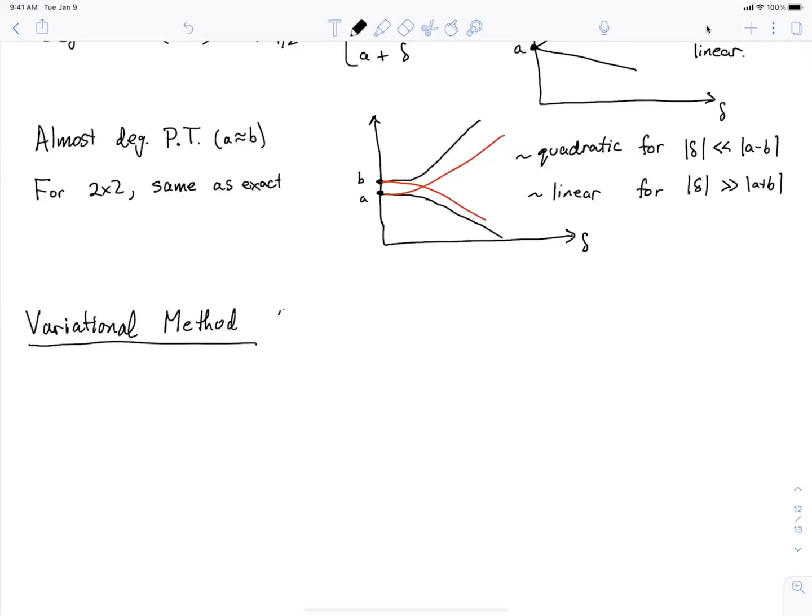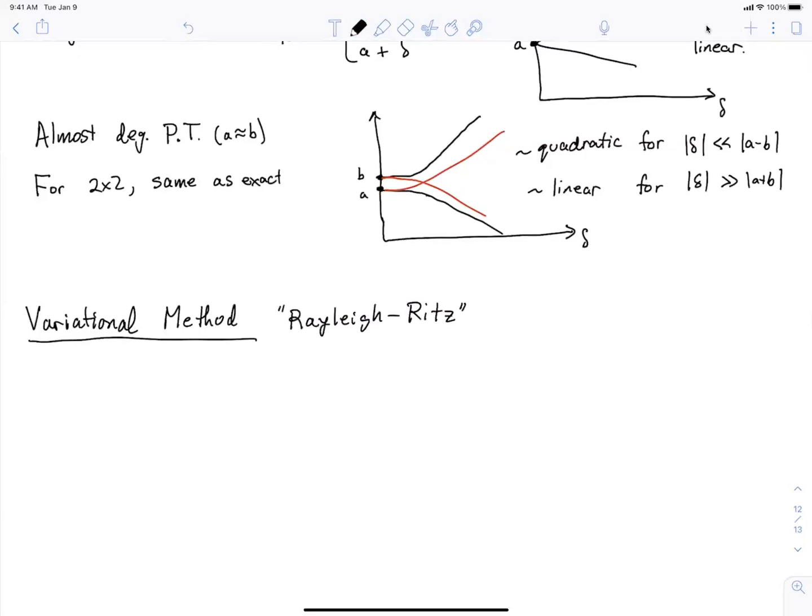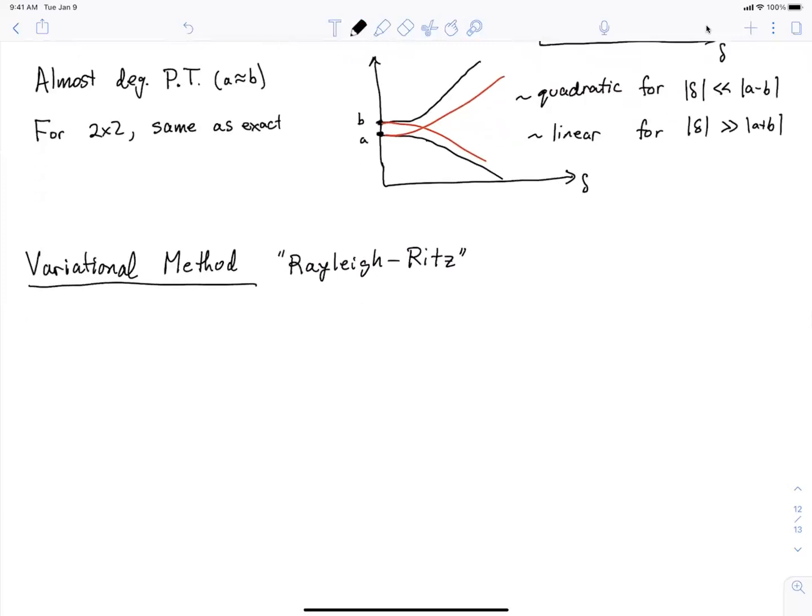Okay, and so this is also known as the Rayleigh-Ritz method, or the Rayleigh-Ritz variational principle. Let's start with the key idea, which we will then prove. The key idea here is that, let's say you have any state whatsoever, you get to pick it, and we'll just call it a generic state psi.